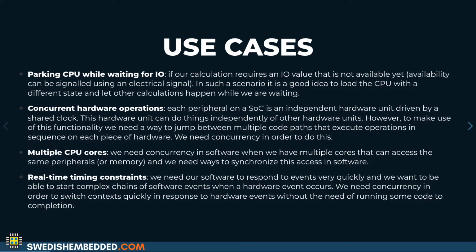And without concurrency, we don't have that, because we have to execute to completion. So anything that requires us to execute to completion without the ability to switch context to another higher priority task prevents us from meeting our hard real-time constraints. So with concurrency, we can create truly responsive embedded applications.